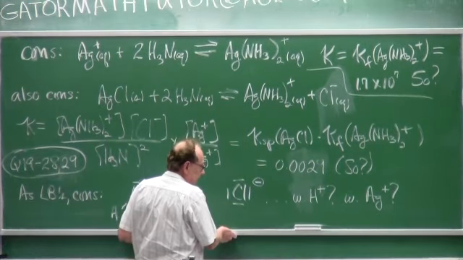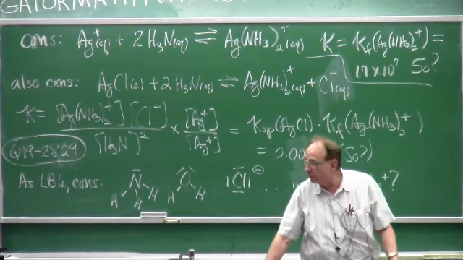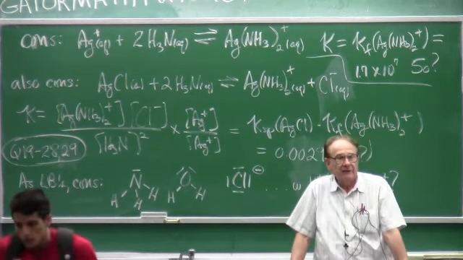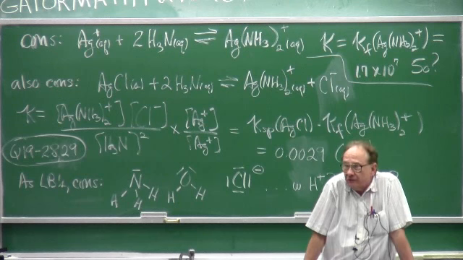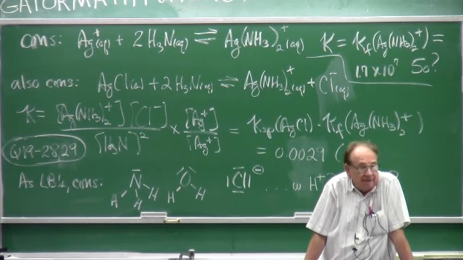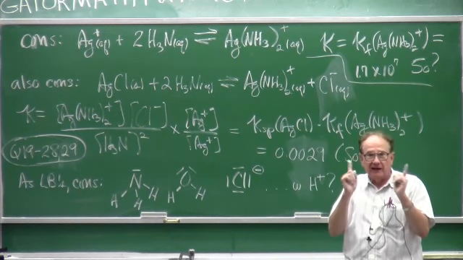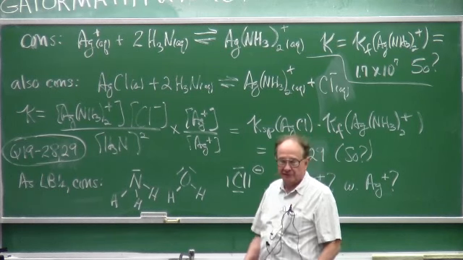Now, what about silver chloride? What about dissolving silver chloride by forming this complex ion, by treating silver chloride with ammonia in water solution? Well, we know silver chloride's pretty stable stuff, not very soluble. So you've got an interesting battle going on here. A thermodynamic battle, a competition.